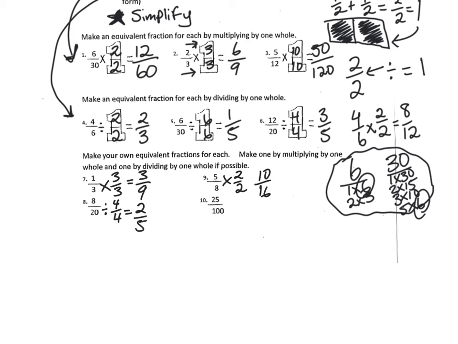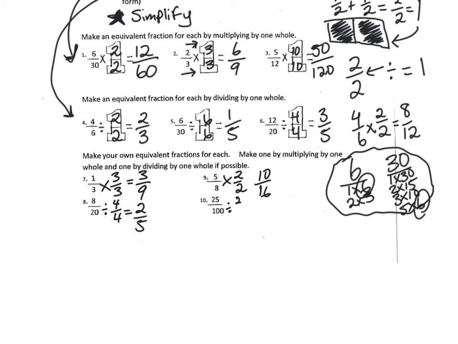Okay, the last one. Ooh, number 10. I don't know if you guys see it, but right off the bat, money. I see money here. I'm thinking of quarters. Look at that, 25 100ths. That's how you would say that fraction. All right, for this one, I'm definitely going to divide.